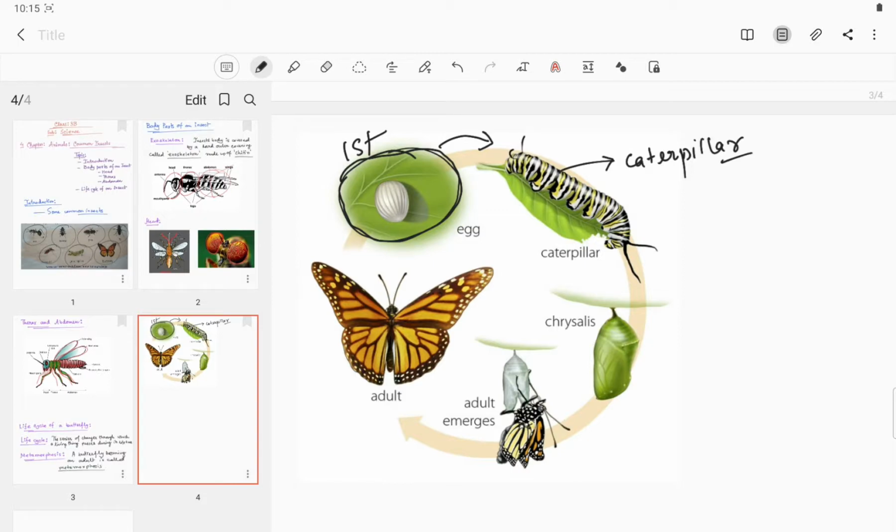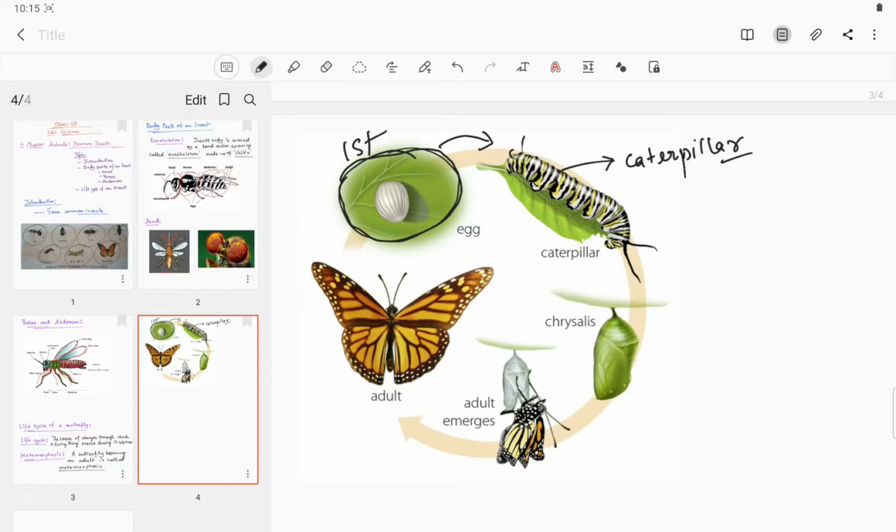It takes about 5 days for the eggs to hatch. After the egg hatches, the caterpillar comes out.